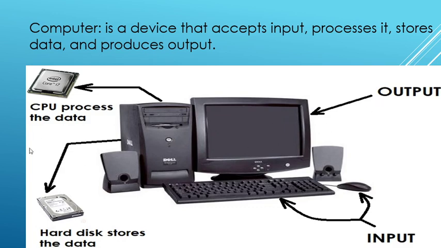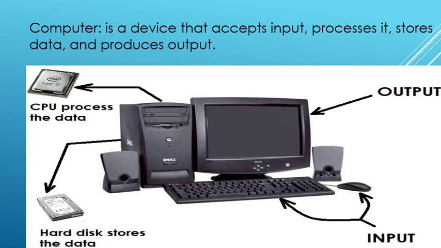But we do require some storage for the work that we do on the computer. That information can be accessed in future whenever we want to work on something on the computer.